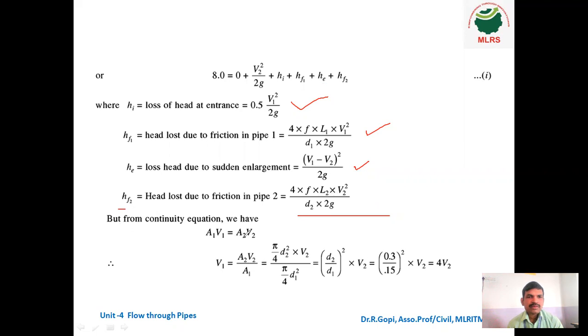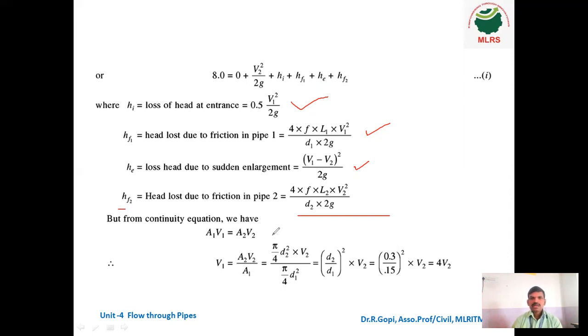Next, from the continuity equation, we have A1 V1 equal to A2 V2. Why are we writing the continuity equation here? Because we don't know the V1 and V2 parameters. A1 and A2 we can easily find using the diameters, because we know the two diameters of the pipe.